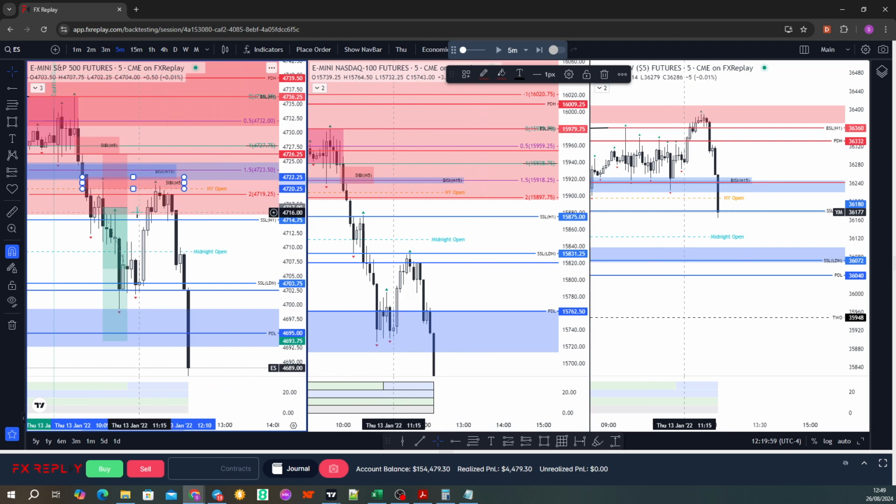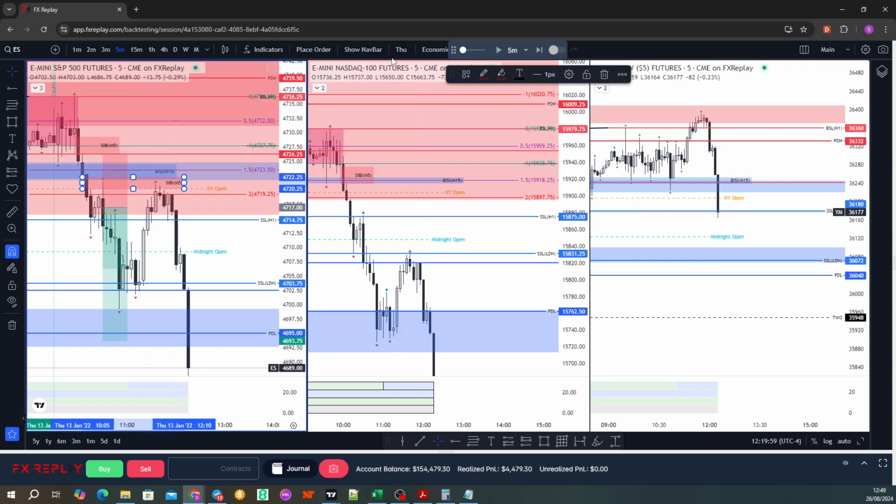Could I have got back in there? Possibly, but it took out 5-minute highs here. Yeah, possibly, but on the whole, you saw why that was a high probability setup.